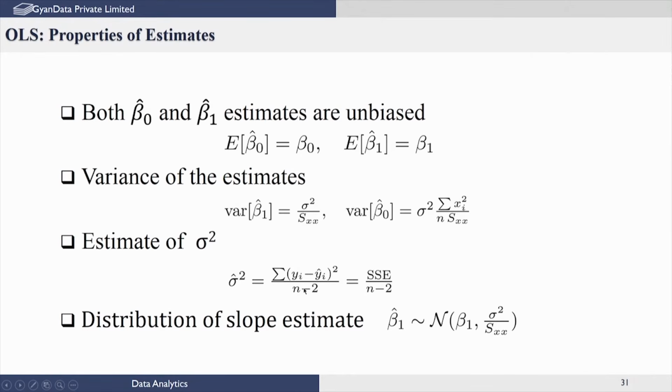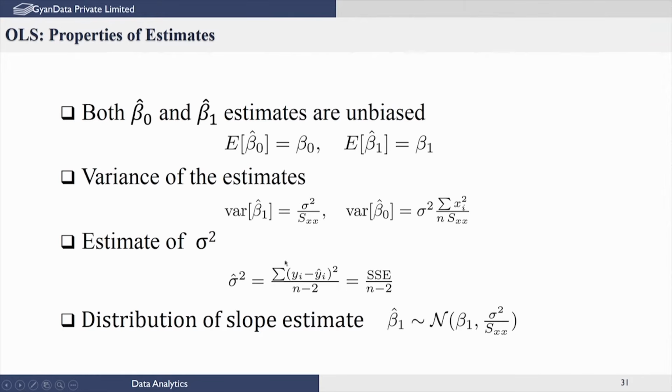Suppose you had only 2 samples, then your numerator would be exactly 0. Because you have more than 2 samples, you have variability, and that variability is caused by the error in the dependent variable. That is one of the reasons that you divide by n minus 2, because 2 data points have been used to estimate the parameters beta naught and beta 1.